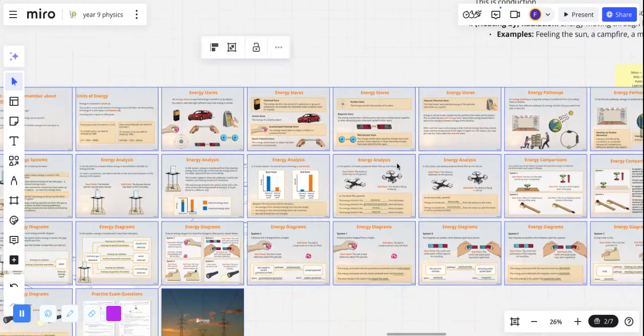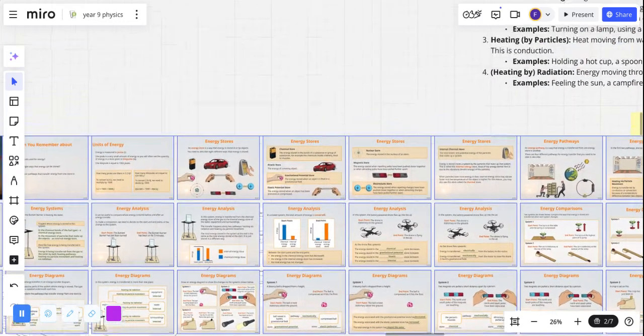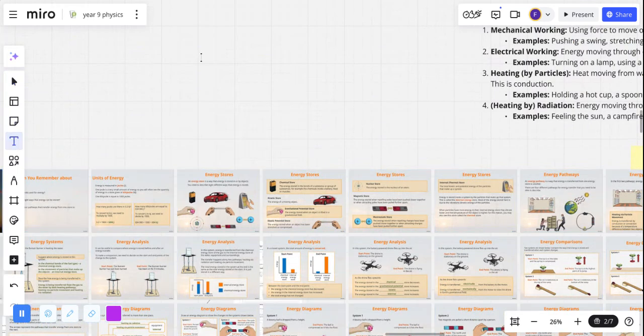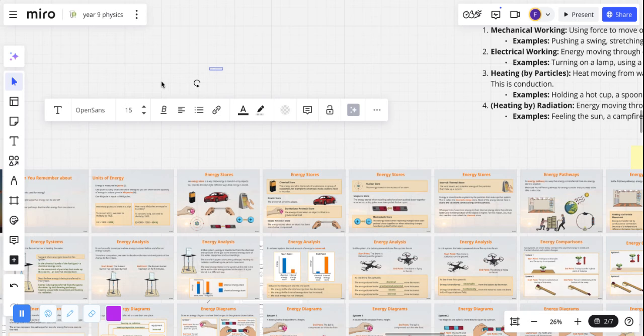Okay, so we looked last week at the two key ideas that we're talking about within this part of energy. We're talking about energy stores.